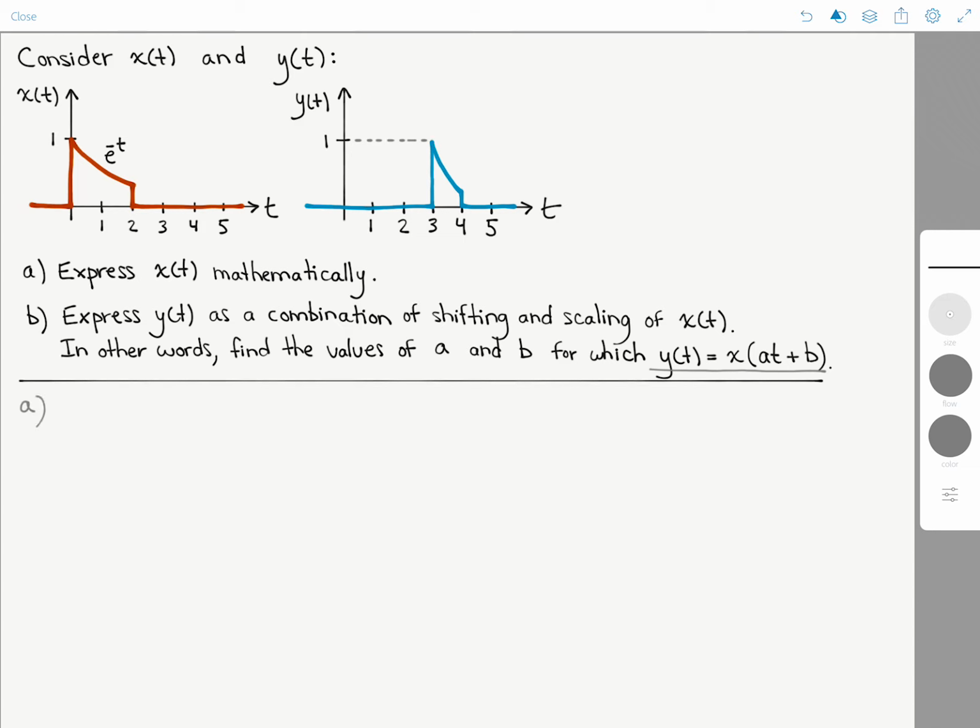Now, let's focus on part A. In order to obtain a mathematical expression for x of t, we can multiply the signal e to the power negative t, which I'll sketch over here.